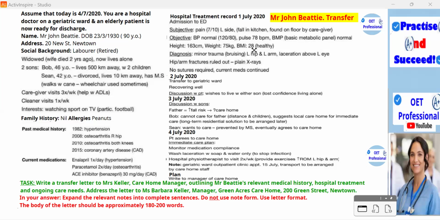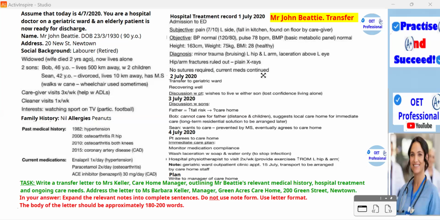BMI 28, healthy. Diagnosis: minor trauma, bruising of the left hip and left arm, as well as a laceration. Laceration is a cut above the left eye. Hip and arm fractures have been ruled out. Plain X-rays. No sutures required.